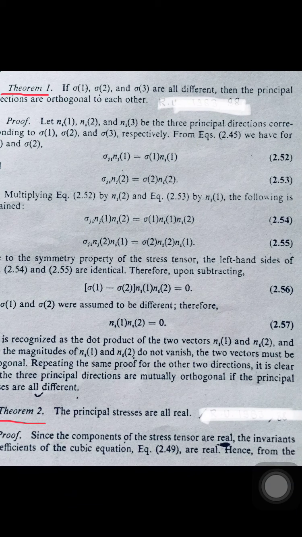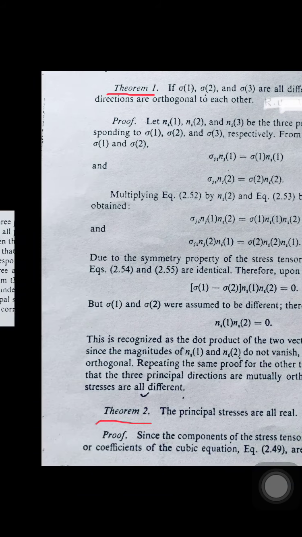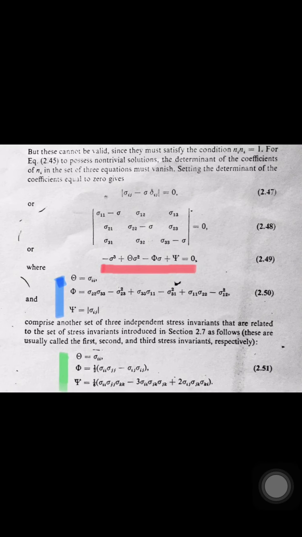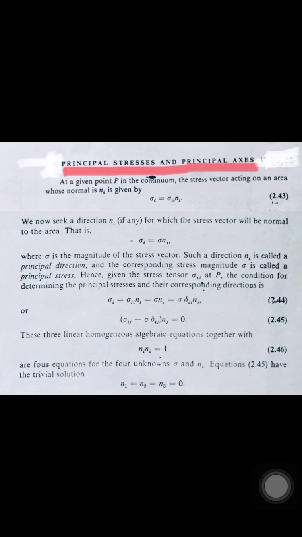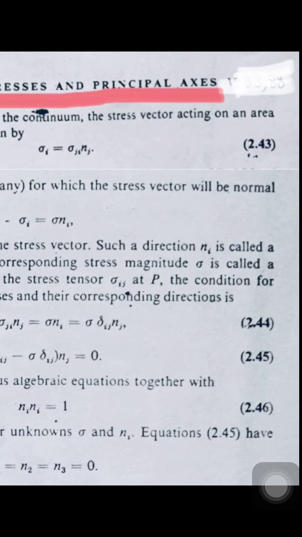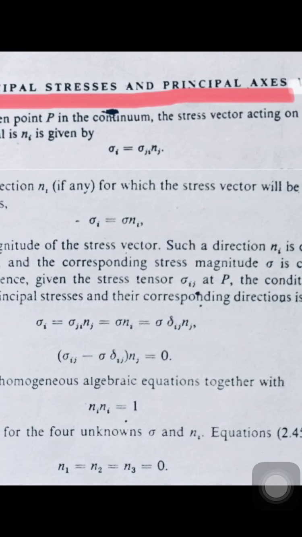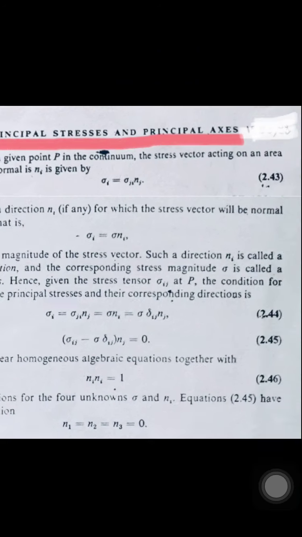From equation 2.45 we have, for sigma 1 and sigma 2, we can write like this. We wrote an equation in 4 notation in an earlier page. I just revise here: 2.44 in 4 notation, which we are using here.